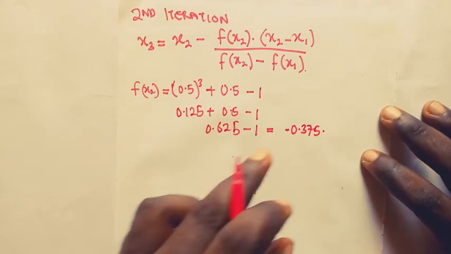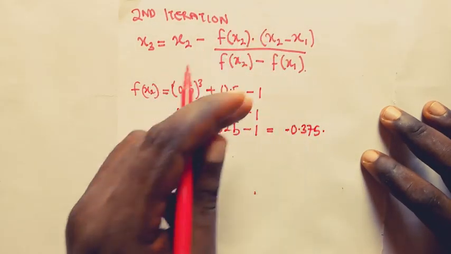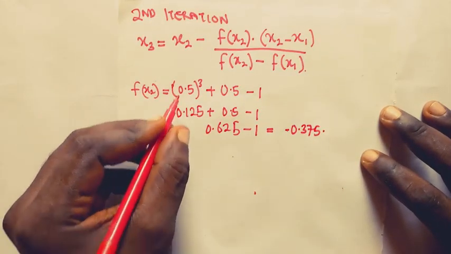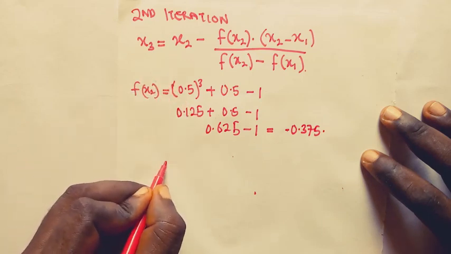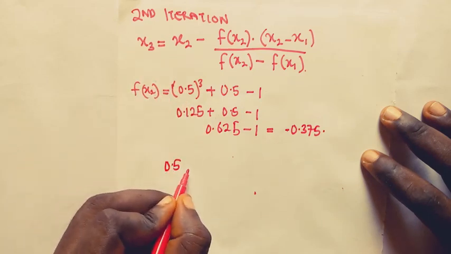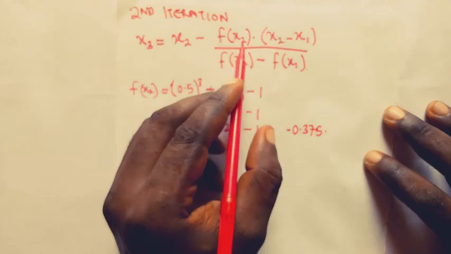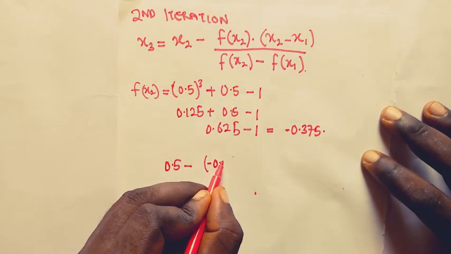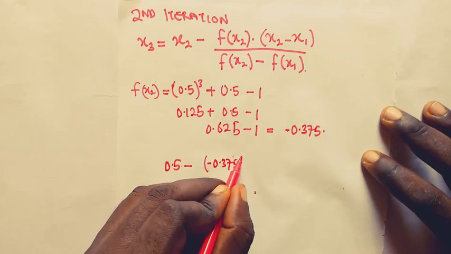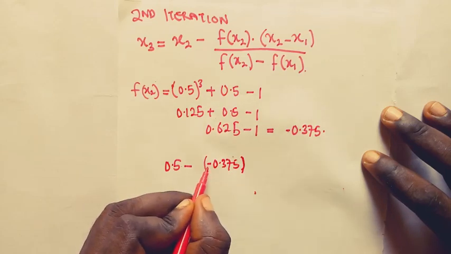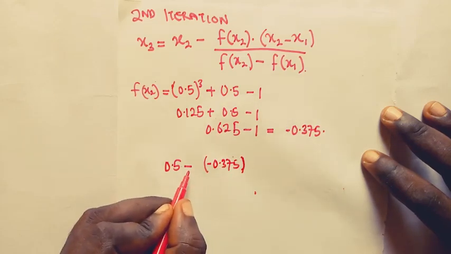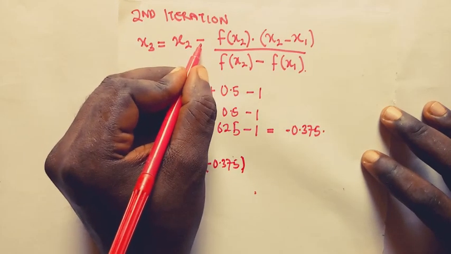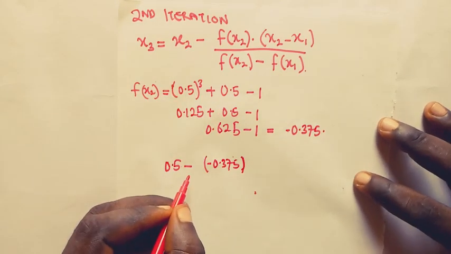So I'm going to use this in the formula: my x2 now is 0.5, minus f of x2, which is minus 0.375. Don't forget the minus, and it's separate from the original negative sign.